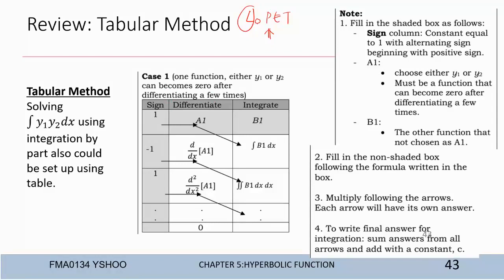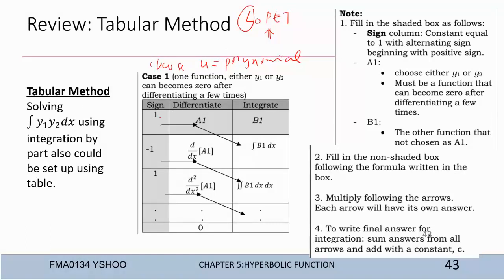Whenever you have a logarithm, it will never disappear. Only the polynomial can disappear. So this case only happens when you choose your u as your polynomial.